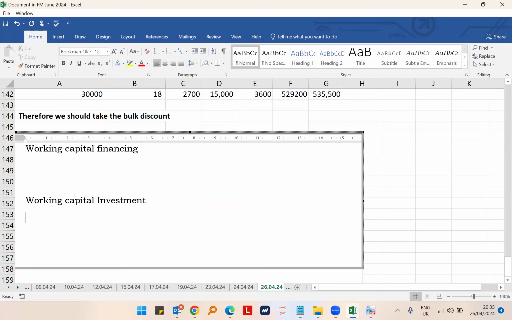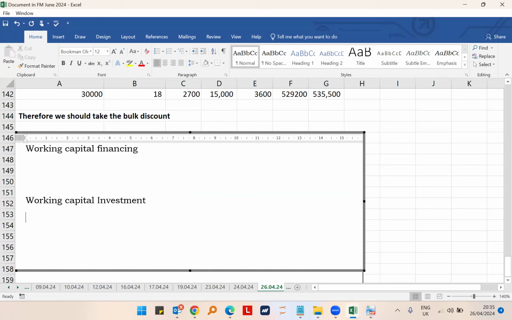So basically, how I would go about it, you don't have to, sometimes people use a table, or you can just write. So what is working capital financing?